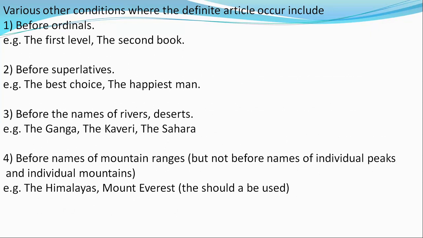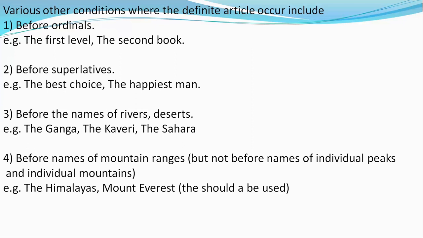The second condition, the will appear before the superlatives. In the degrees of comparison, we have 3 degrees. The last degree, superlative degree, the should appear before this superlative degree, like this, the best choice, the happiest man. Next, the third condition, the definite article the will appear before mentioning the names of rivers and deserts.